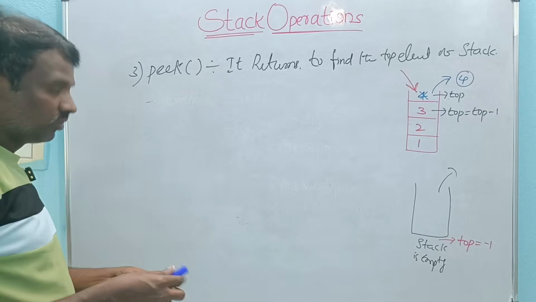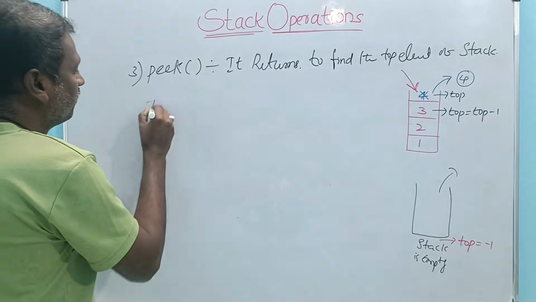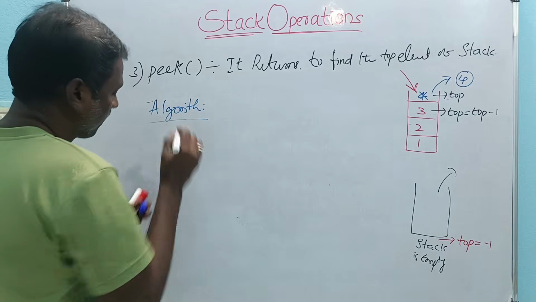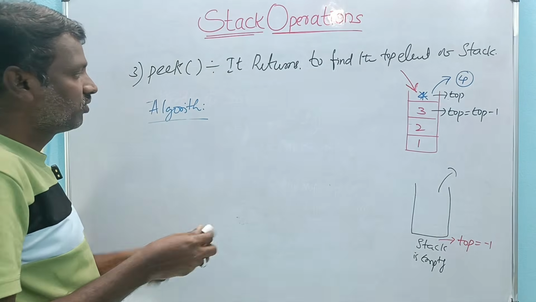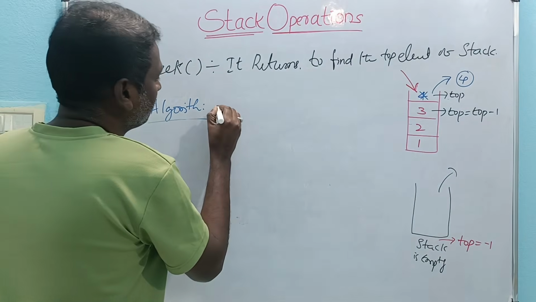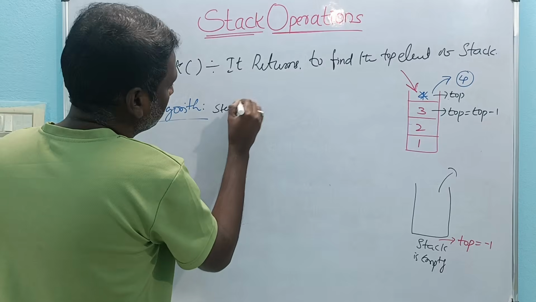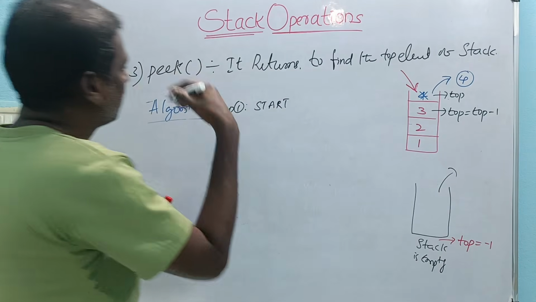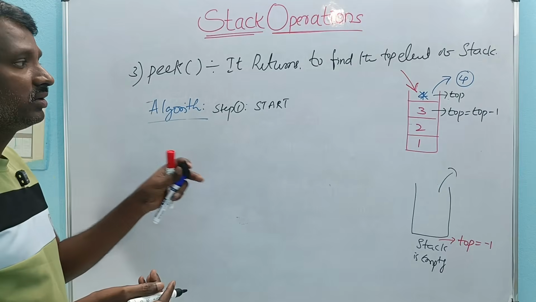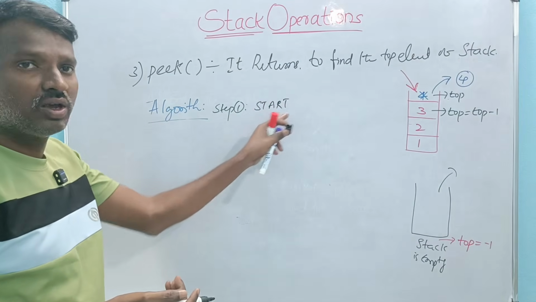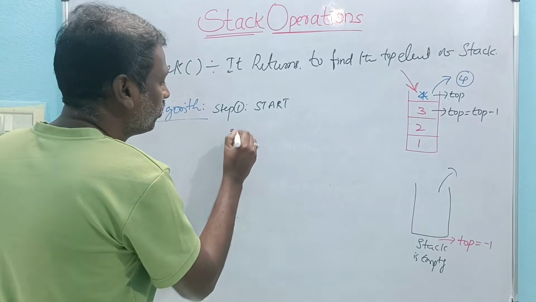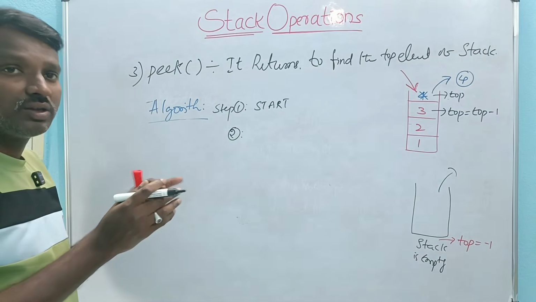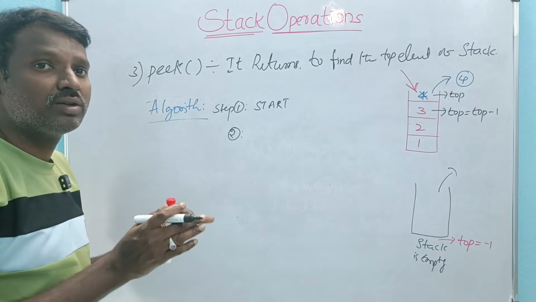So now the algorithm. Step 1, start. What does start mean? We are beginning the peek operation on the stack, so at step 1 we start the procedure. Step 2: we check the condition, whether the stack has elements or not.